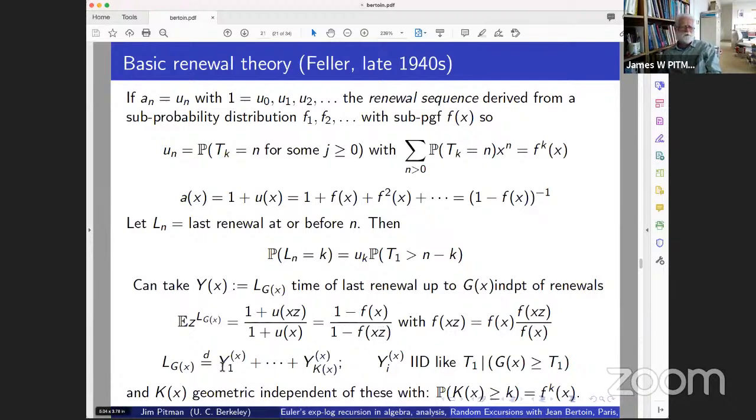You have the quite natural, in Markovian settings, interpretation that this last renewal before independent geometric killing is a compound geometric variable. It's a sum of IID copies of the basic inter-renewal thing, given that it's smaller than a geometric, and then the number of copies has another geometric distribution. So this is all very familiar to people in a Markovian setting.